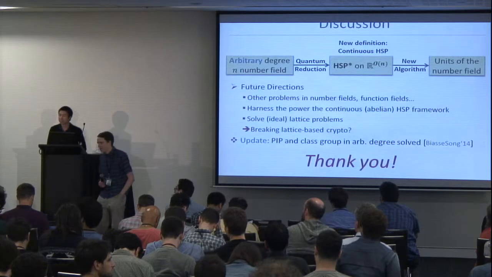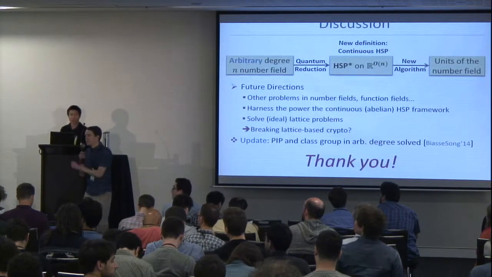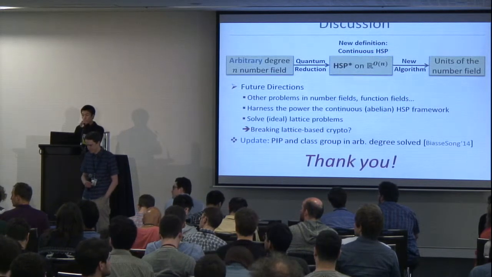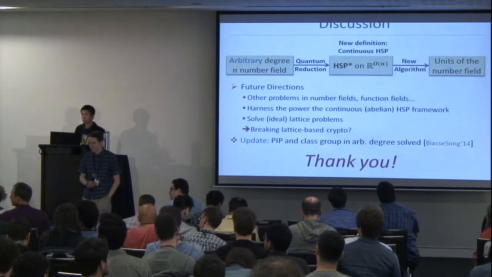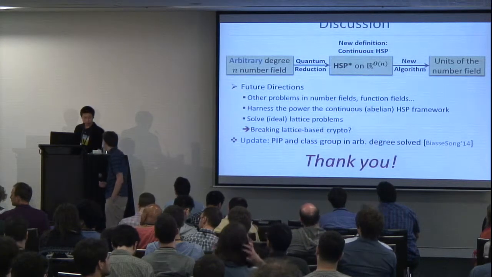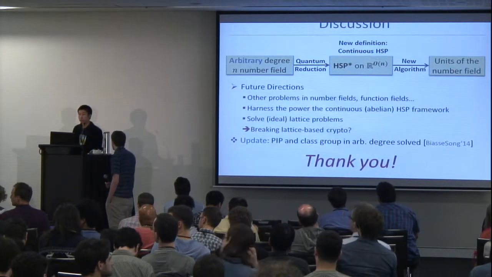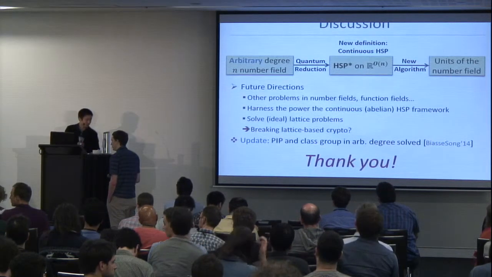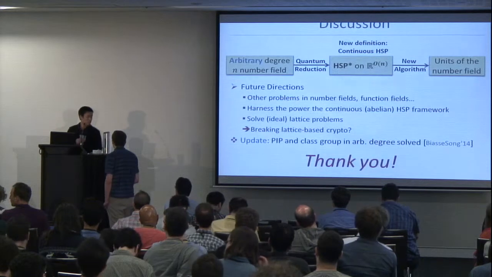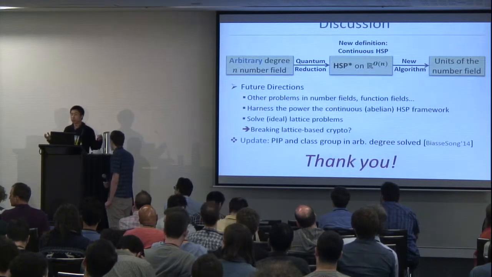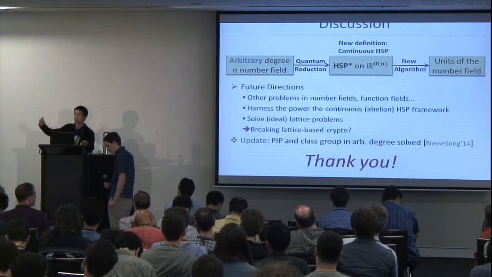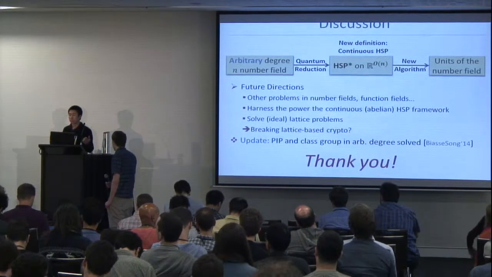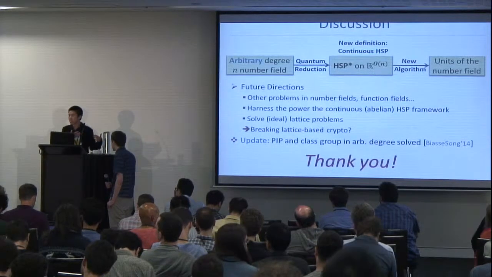Okay, thank you. Maybe one more question. How does this new algorithm compare to the previous algorithms for constant degree extensions? What's the ingredient that you can use for arbitrary degree extensions? So there are two steps in both the old algorithm and our new algorithm, and the two steps are both different in our new algorithm.